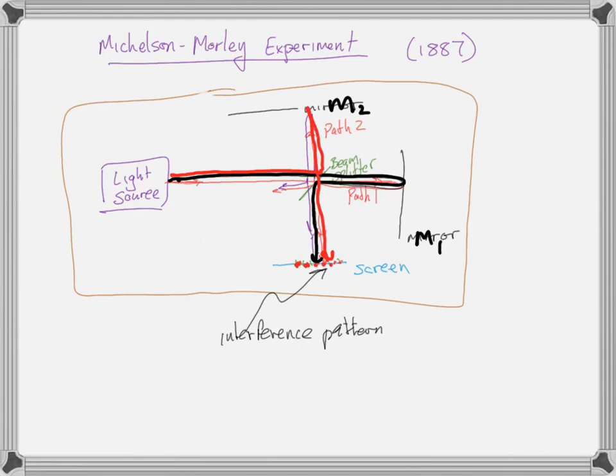I can put a container of gas here, something which the light can go through, in the way of the beam. What that gas will do is slow down the beam. Slowing down the beam still shifts the light going along path 1 relative to path 2 because it slows down a peak. And so what that does is it shifts the interference pattern.